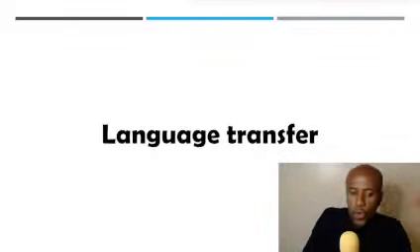Language transfer. Language transfer refers to the way a person's knowledge and skills in one language, for example Arabic, can influence their ability to learn and use another language. It's all about how knowledge and skills that someone has in one language can be transferred to another language.